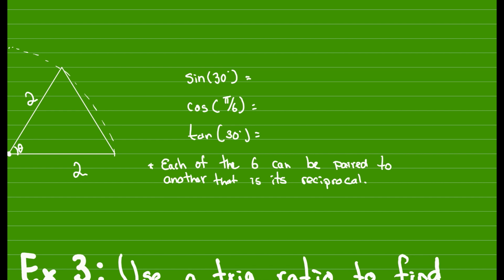If this is sine of 30 degrees, well, let's talk about what happens at 60 degrees. If we say that this is 60 degrees, we can do that. And this is perpendicular to that one. Well, what was this then? If it was an equilateral triangle, then this becomes 1 and 1.